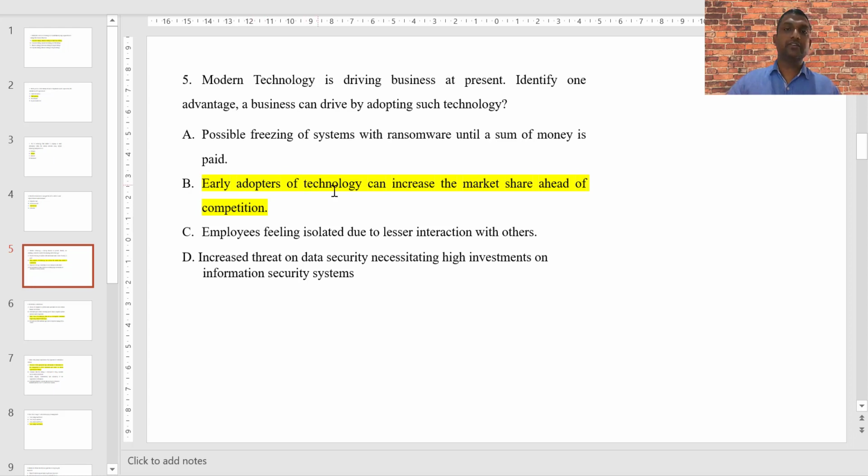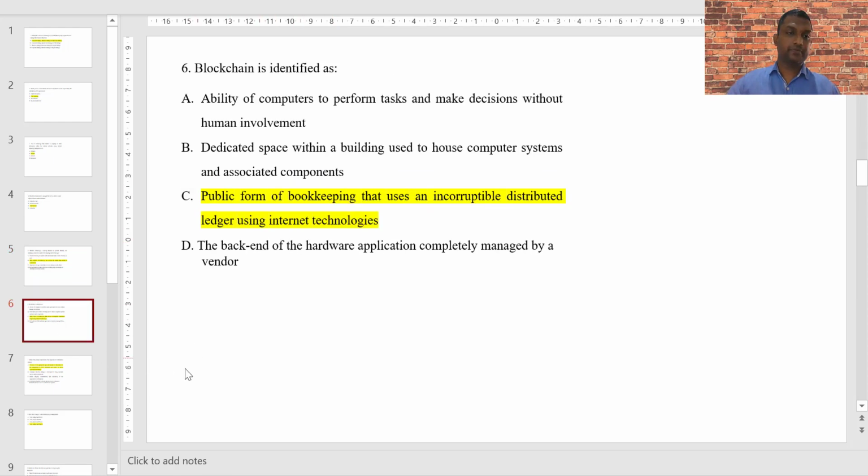If you are using new technology, you can capture the market. You can think of a lot of examples from many industries. As soon as certain organizations adopt the latest technology, they get an upper hand in the market. So for question 5, the answer is marked as B.